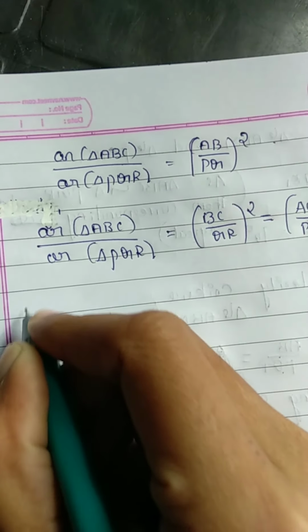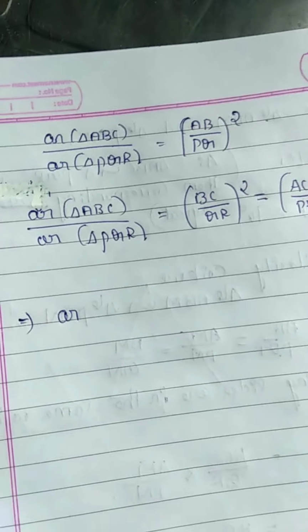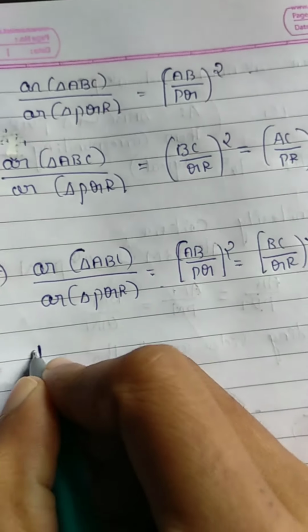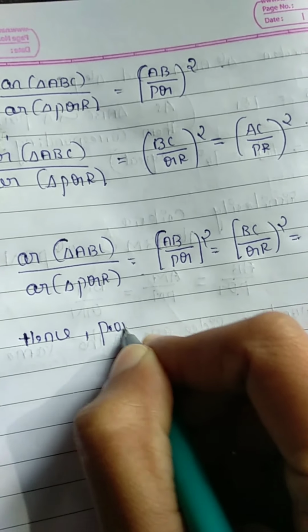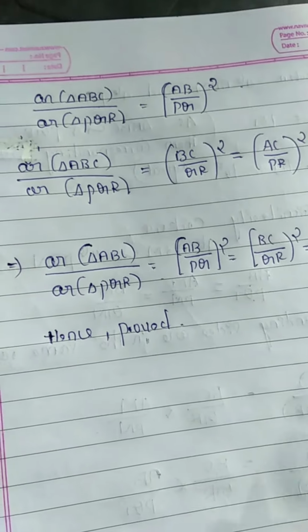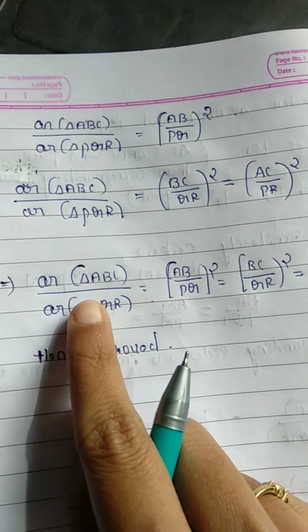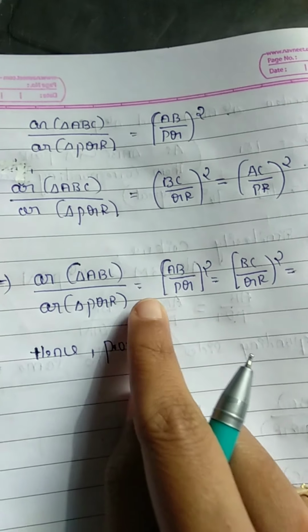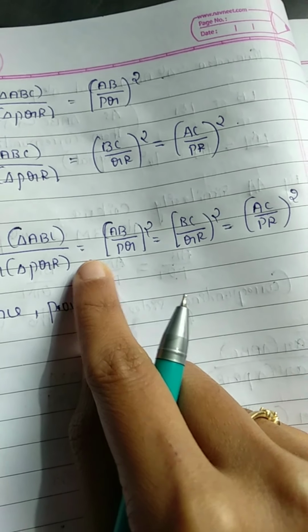So hence the result is proved. We get the ratio of the area of two similar triangles is equal to the square of the ratio of their corresponding sides.